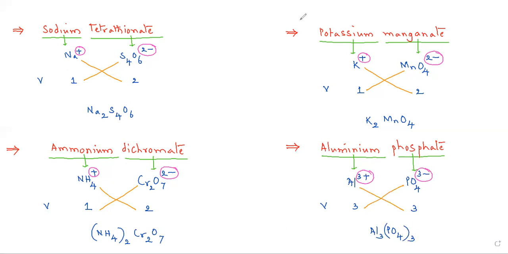But you can just cancel out 3, 3 ones are 3, 3 ones are 3. You can take the ratio and you can simply write this as AlPO4. Even that is okay. Okay. Next.